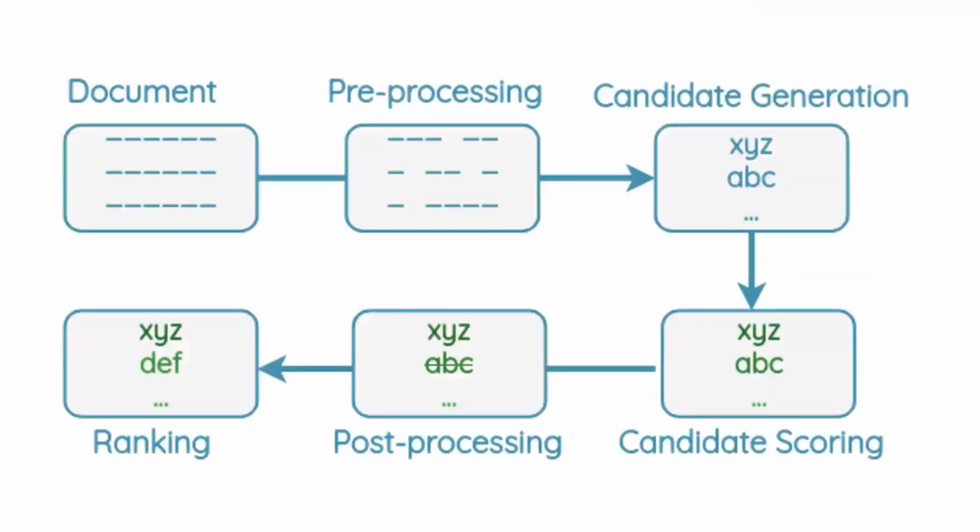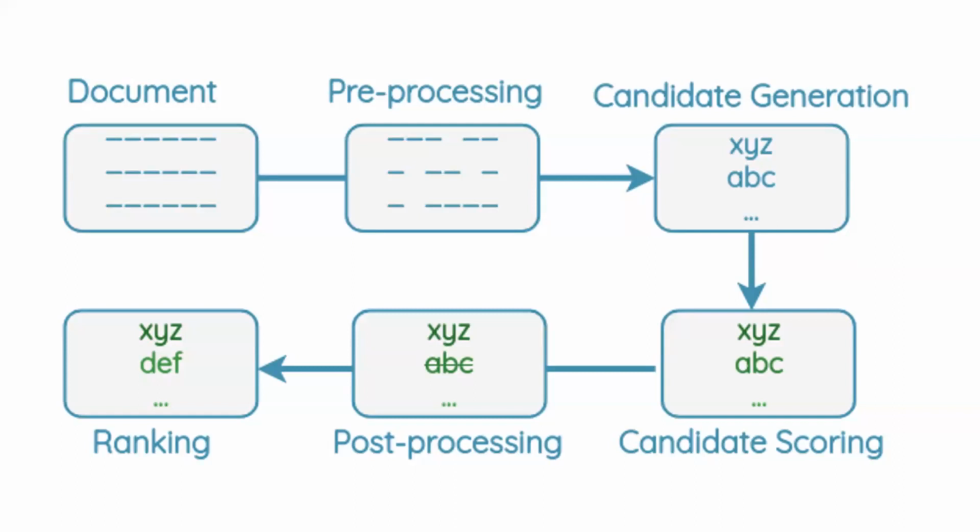This workflow is common among all unsupervised algorithms. Let's say we have a document that includes text, and we do the pre-processing part. After that, we generate the candidates. After that, we apply our algorithm. For example, in our system we are using cosine similarity, but if we are using another system like frequency, then you should use the frequency.